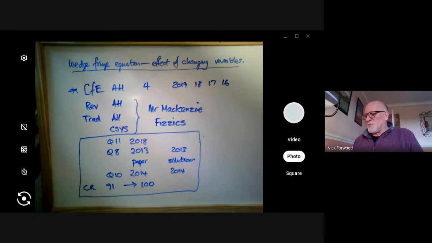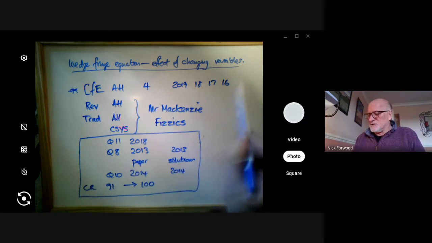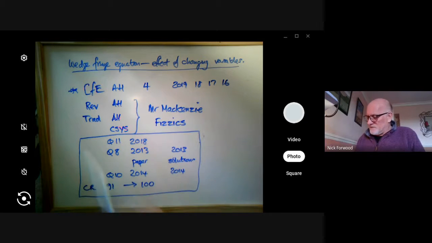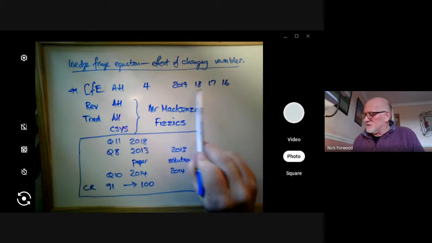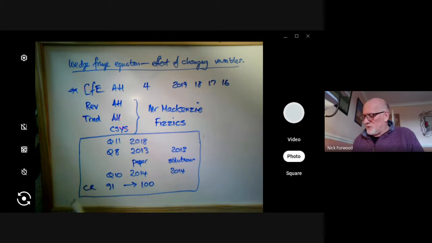So you will be able to download, and it's a good idea to have these all downloaded as far as possible. Definitely the CFE papers. I'm not suggesting you download too many of these. Definitely do the 2013 and 2014, but get hold of the 16, 17, 18 and 2019 SQA papers.